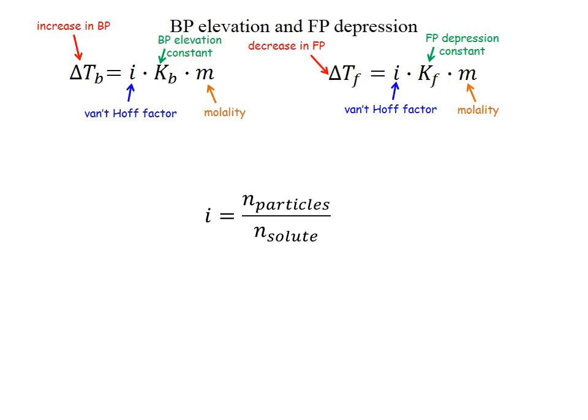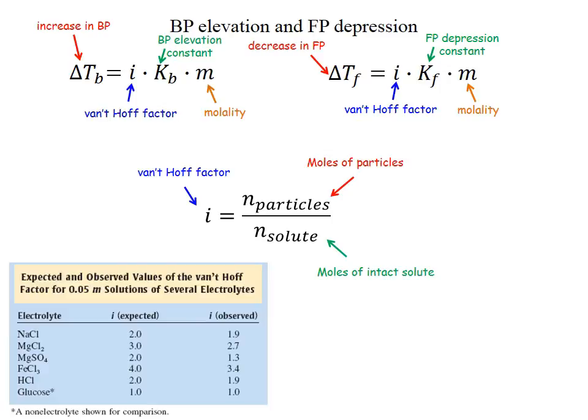So the Van't Hoff factor is defined in your book as the moles of solute particles divided by the moles of intact solute before they dissociate. So let's make sure everybody knows what that means. First of all, this is a table, and we're going to talk about this table a little bit more now.